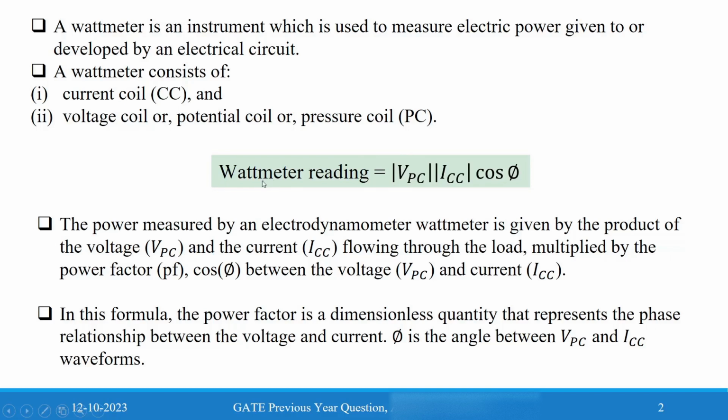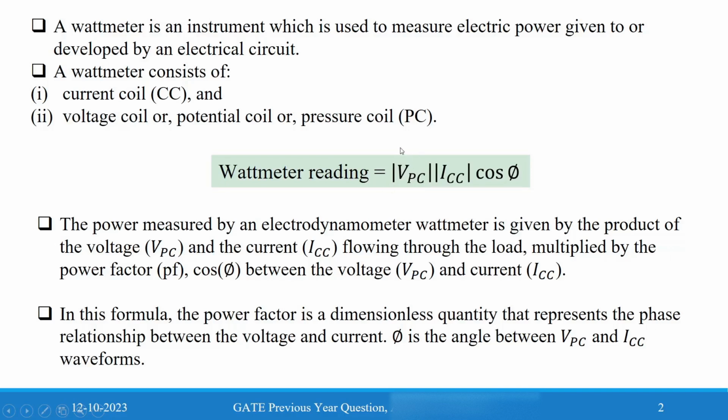Therefore, the wattmeter reading for an electrodynamometer wattmeter is VPC ICC cos phi. So we can say that the power measured by an electrodynamometer wattmeter is given by the product of the voltage VPC and the current ICC flowing through the load, multiplied by the power factor, where cos phi is between the voltage VPC and the current ICC.